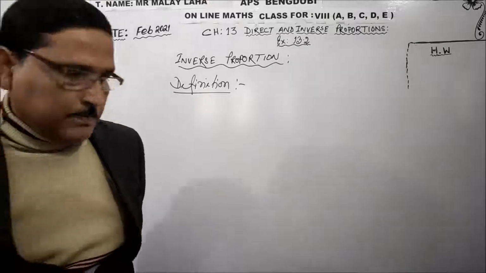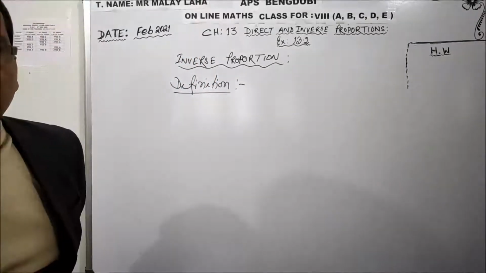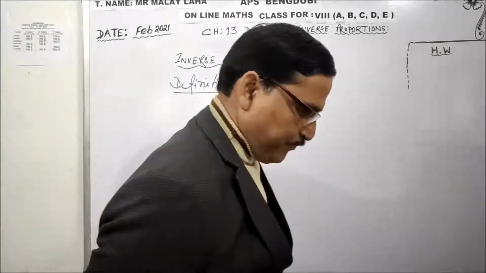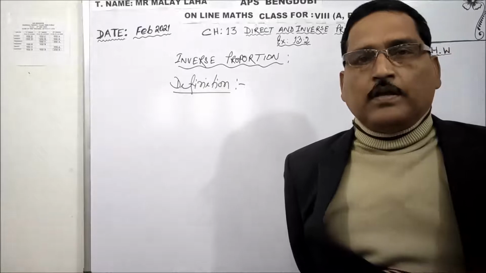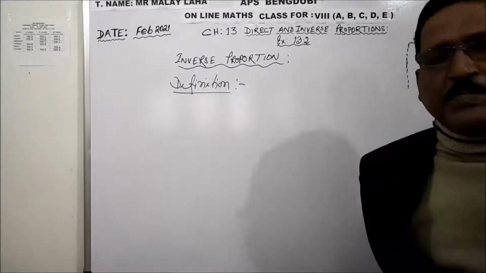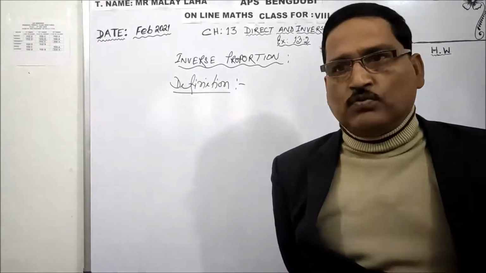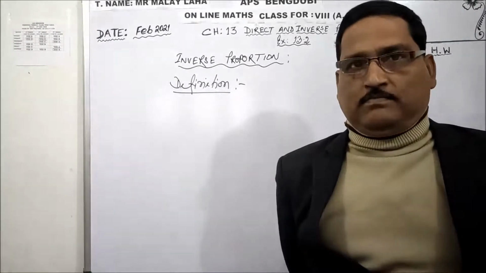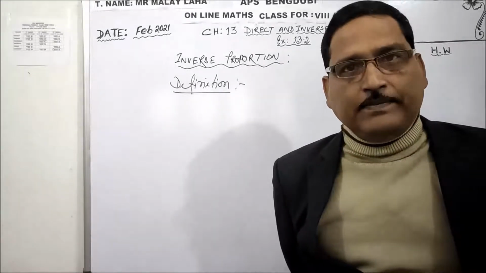Say, suppose speed and time. Suppose from here to Siliguri, by using a scooter, I'm taking 30 minutes to reach. Now instead of a scooter, if we use a helicopter, obviously it will take less time.